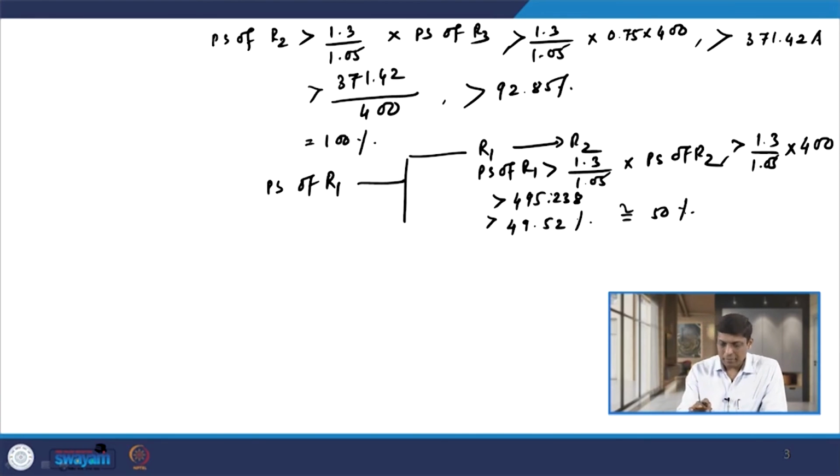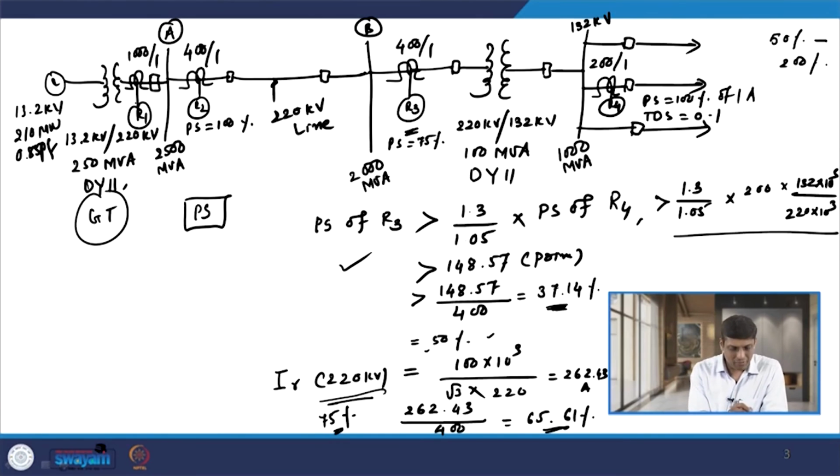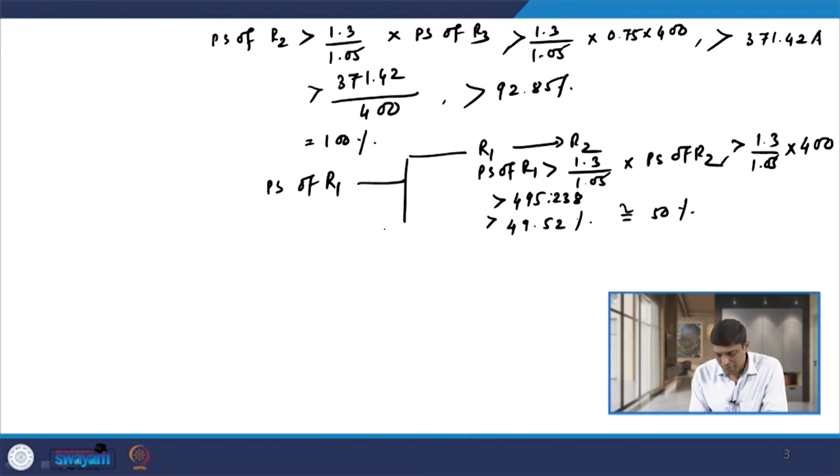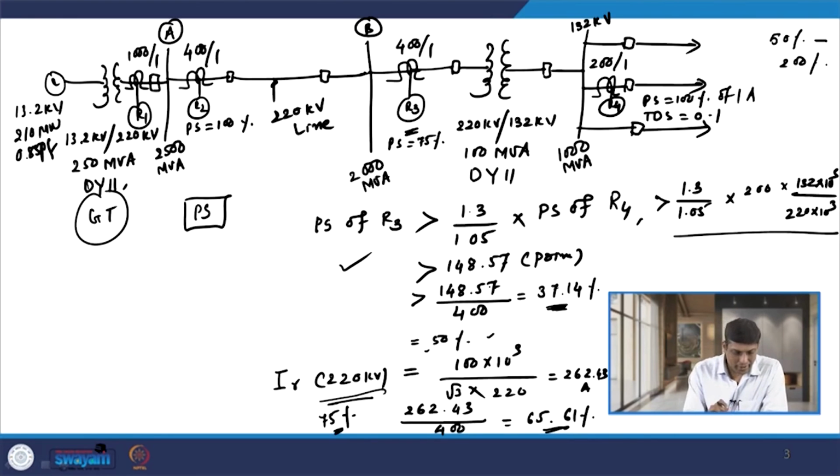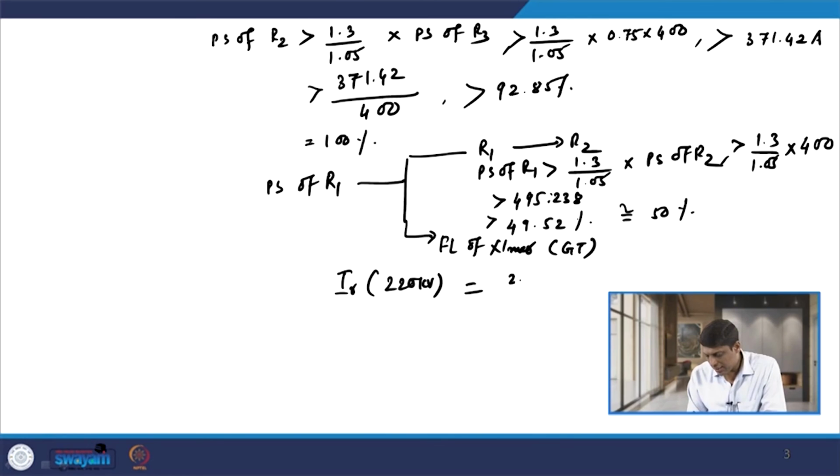But at the same time, we also need to look at the fact that relay R1 is connected on the 220 kV side of this generator transformer. So, let us see the full load current of the generator transformer, GT. The rated current of the transformer on the 220 kV side, given the rating is 250 MVA, is 250 into 10 raised to 3 divided by root 3 into 220 kV.